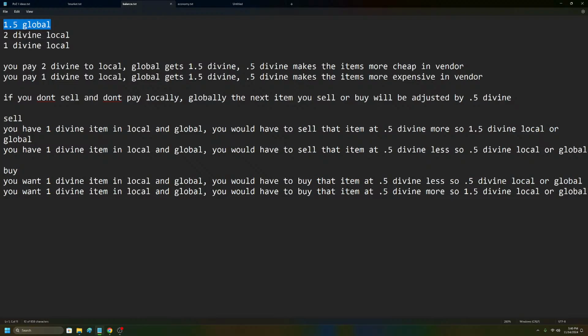Okay, so this player, where it costs them 2 divine in their vendor, if they make a player market trade where they buy something that would cost them 2 divine for 1.5 divine, what happens is that 0.5 difference of a divine would make the items for this player cheaper in the vendor.